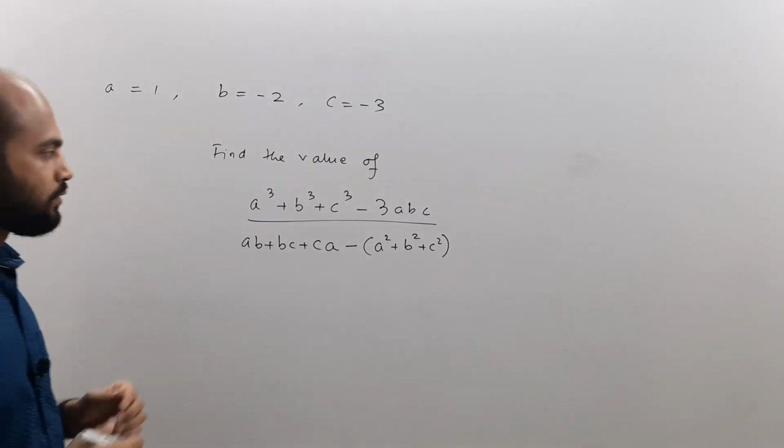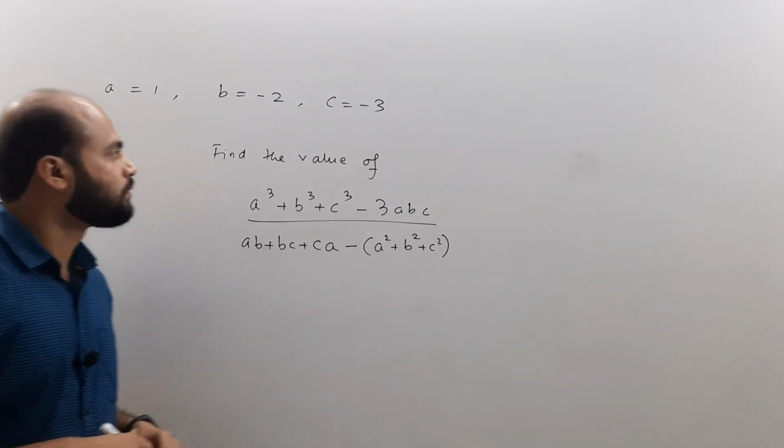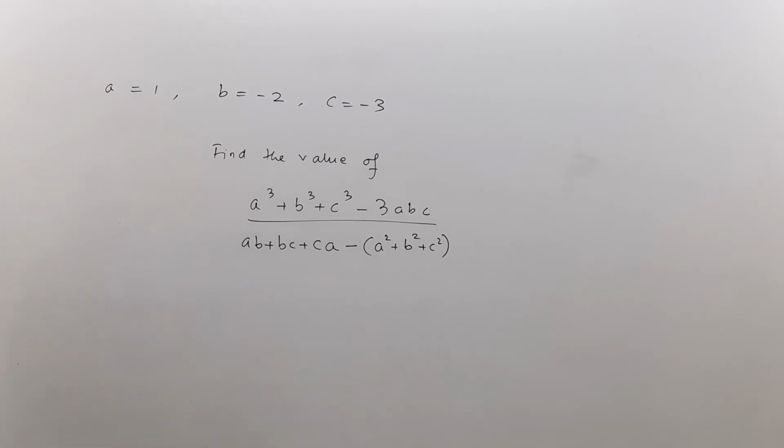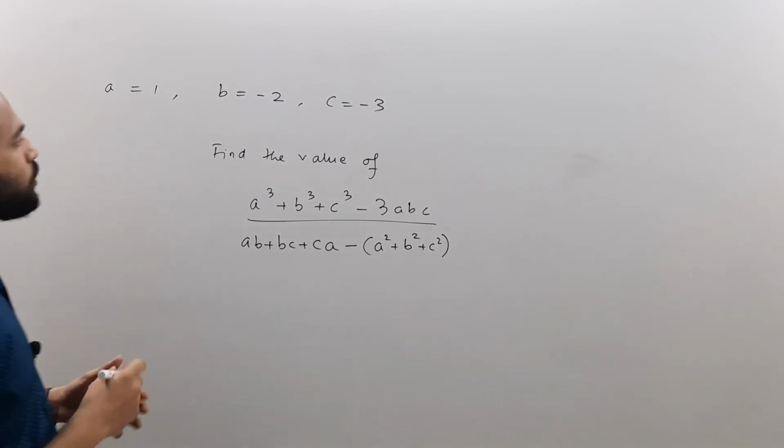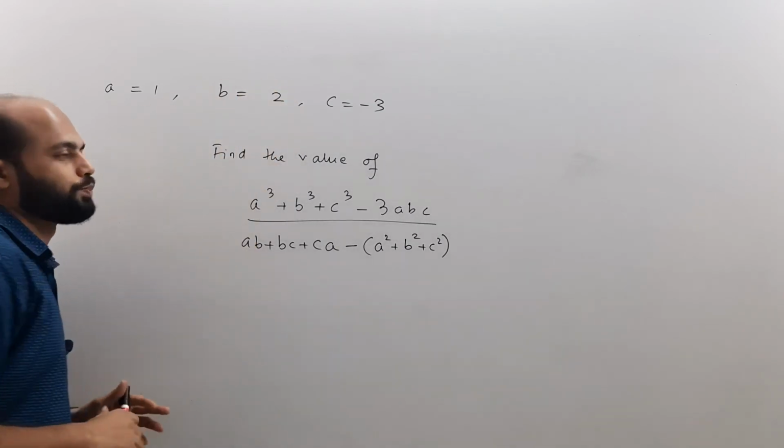Let us see in what way we can do this. If you clearly observe the values and you add all of these, what do you get? There is one mistake, actually this should be minus 2.